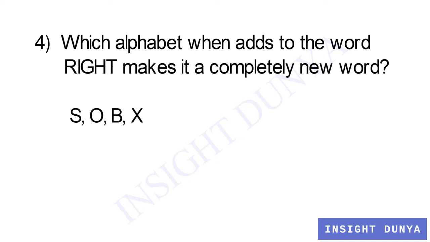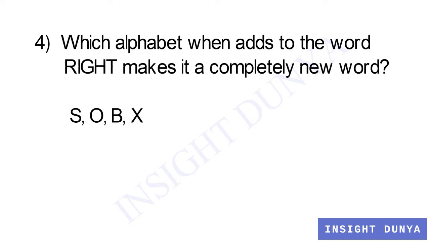You know that rights is a word, but it is not a completely new word, because both right and rights have the same meaning. Besides rights, no new word is formed when S is put at any place of the word right. Similarly, O or X when added to the word right does not make a new word.